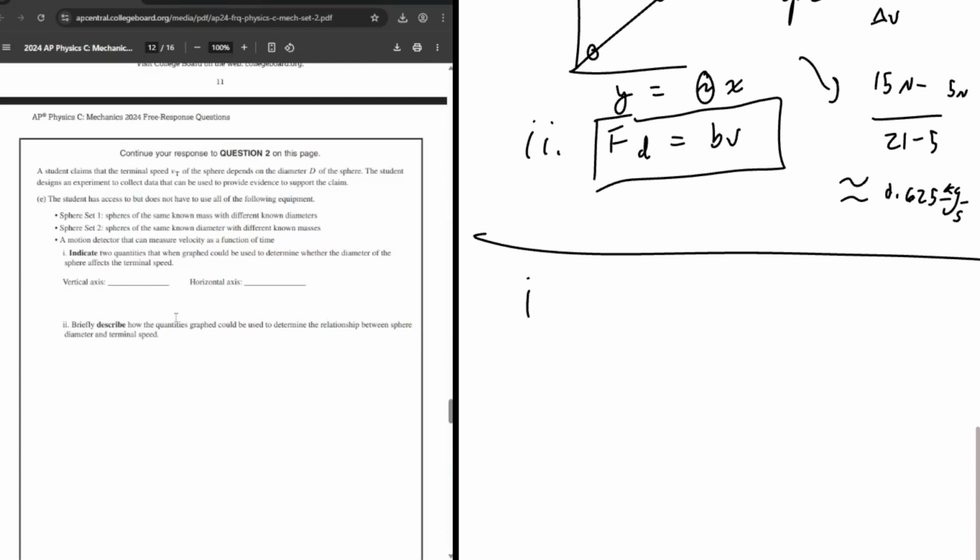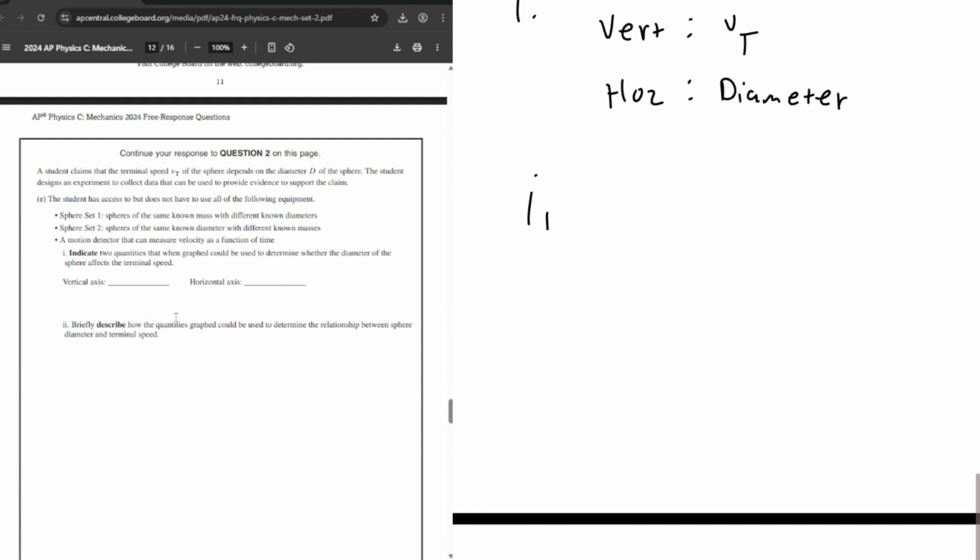So intuitively, on the vertical, you'll plot terminal velocity. On the horizontal, you'll plot diameter. The reason for this is because you only want to change a single variable, so there's not a multitude of different variables that could be causing a change in terminal velocity.